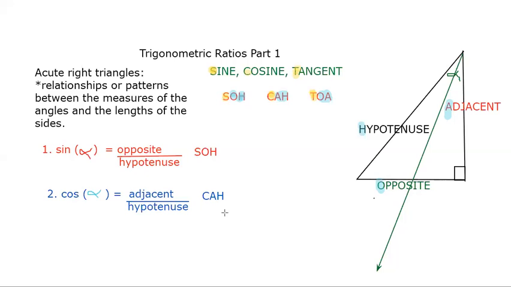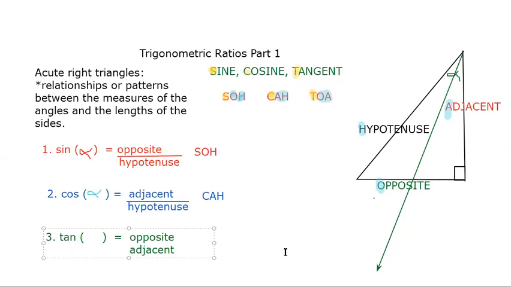See if you can figure out the third ratio on your own. Pause the video, write down an answer, come back, push play, and see if you were correct. Hopefully you figured out that TOA means tangent of alpha equals opposite side length divided by adjacent side length.